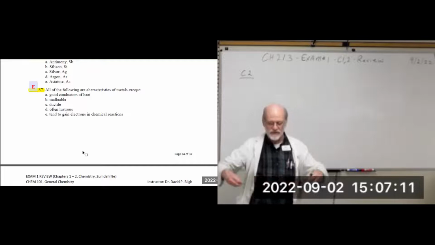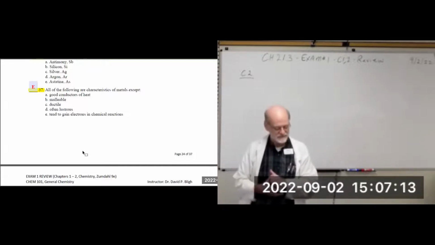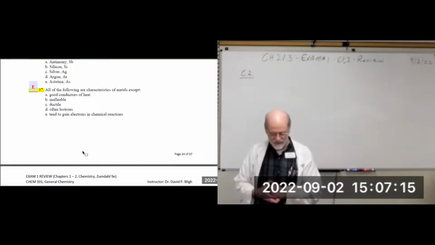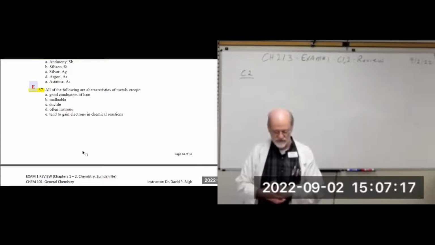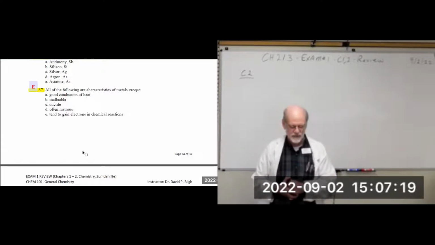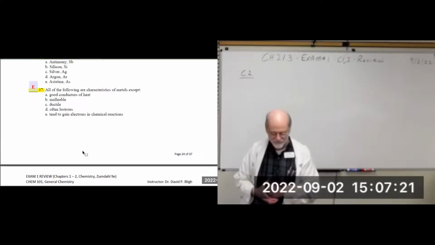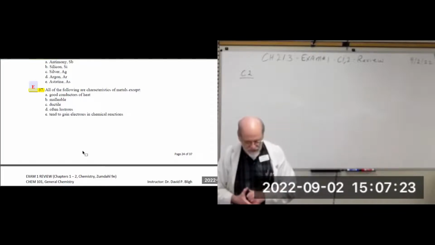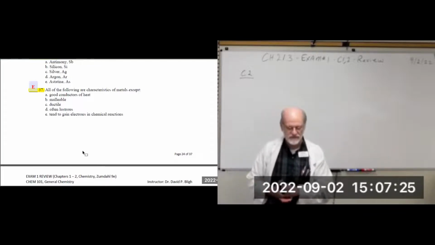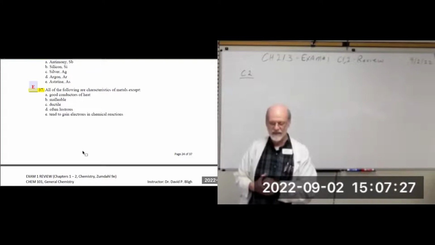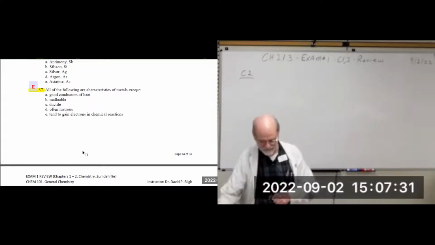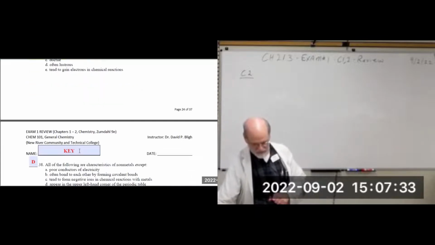That means can you stretch them into a thin wire? Yeah. Are they often lustrous? If they're polished, they are. E, tend to gain electrons in chemical reactions. No, metals tend to lose electrons. So E is the answer there.